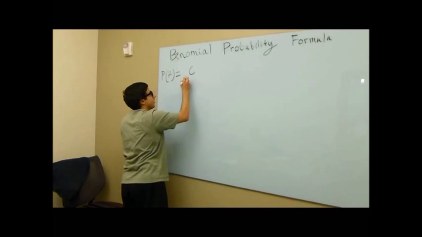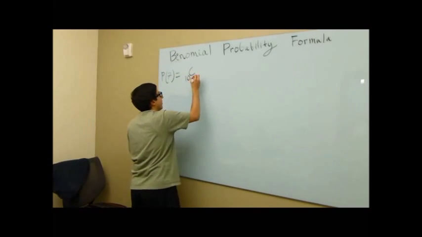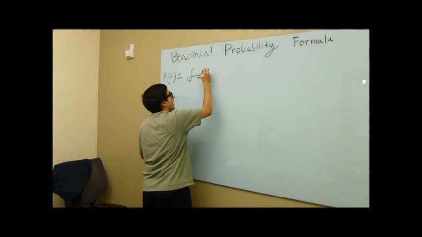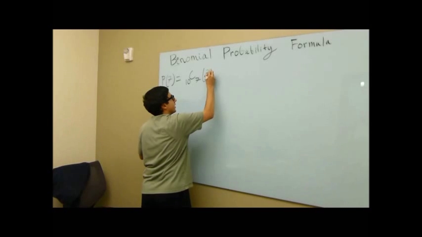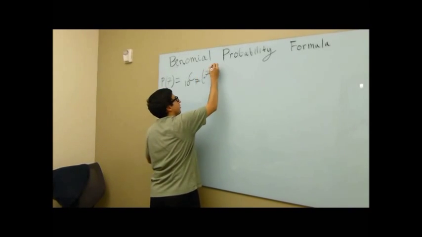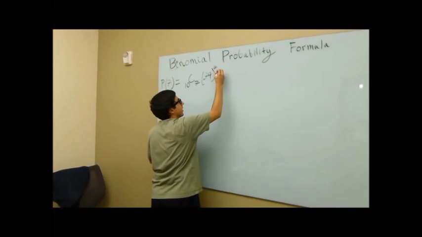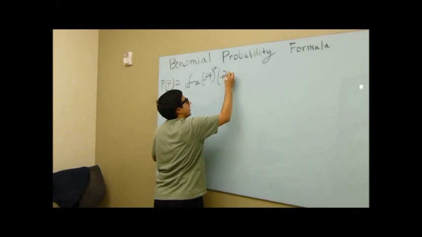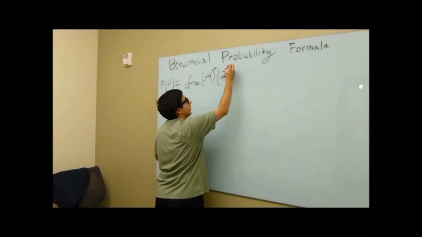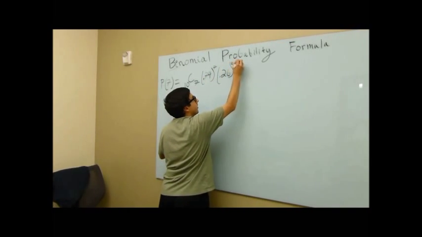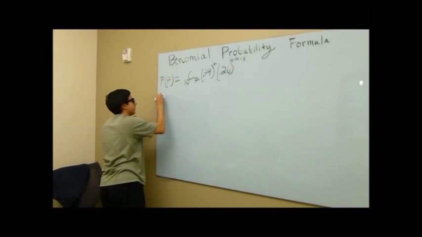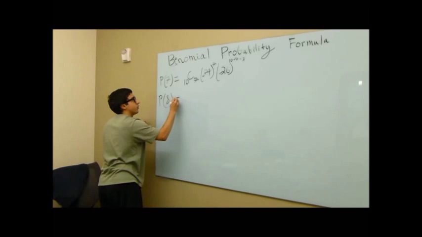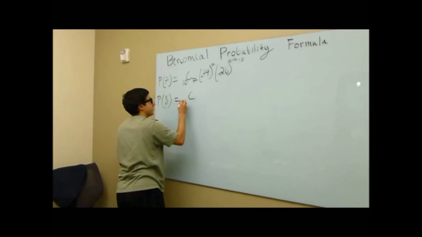It would be out of 10 seat occupants in total, but we're choosing 7, and then the probability would be 0.74. This is the probability of success, to the power of 7. Probability of failure, 10 minus 7 equals 3.